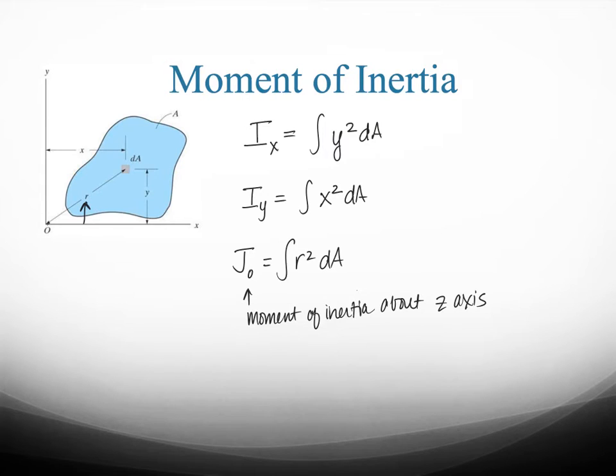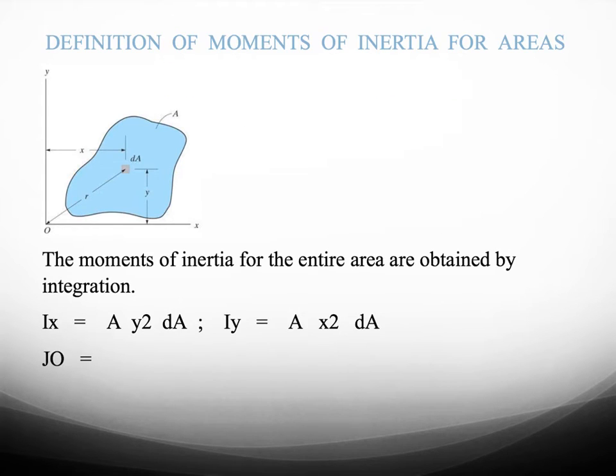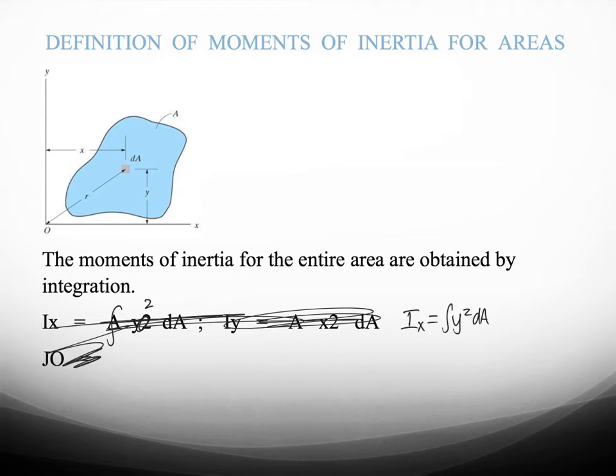So if we look at the moment of inertia, I sub x is y squared dA. Iy is equal to x squared dA.